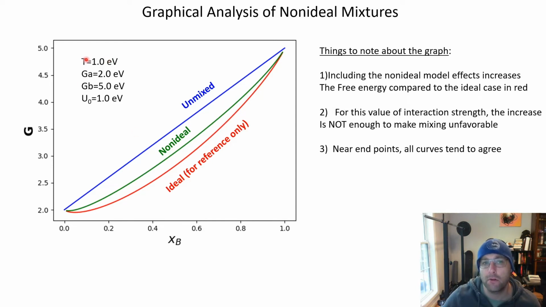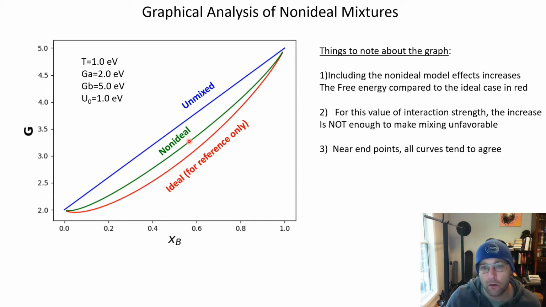And at this temperature, about kBT equals 1 electron volt, I raise it up by not a huge amount, but a noticeable amount. And so the important point is that if I have this interaction strength combined with these other conditions in the model, the unfavorable interactions due to mixing are not enough to cause mixing to become unfavorable, right?